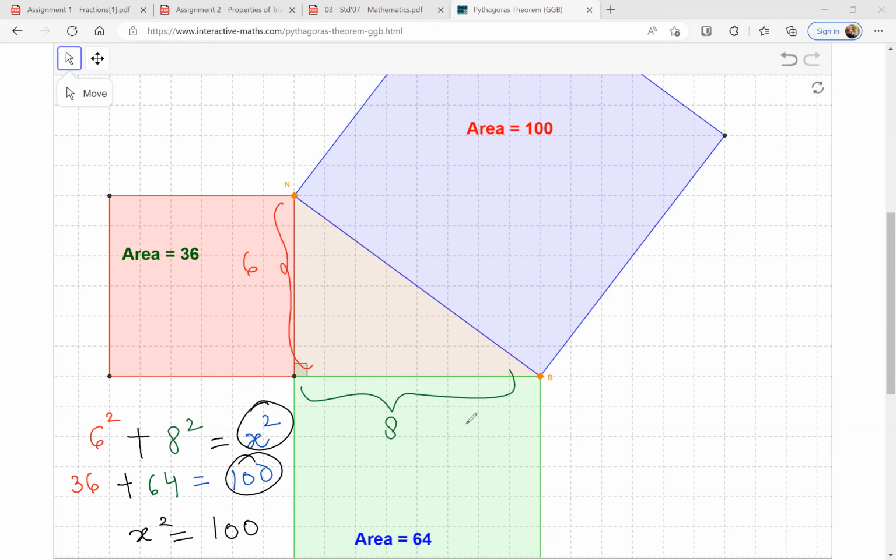That means 10 multiplied by 10. Very good, Hiba. Excellent. 10 multiplied by 10 gives you 100. So 10 square. Now you know the third side is how much? The area is 10 square, but the third side is 10.